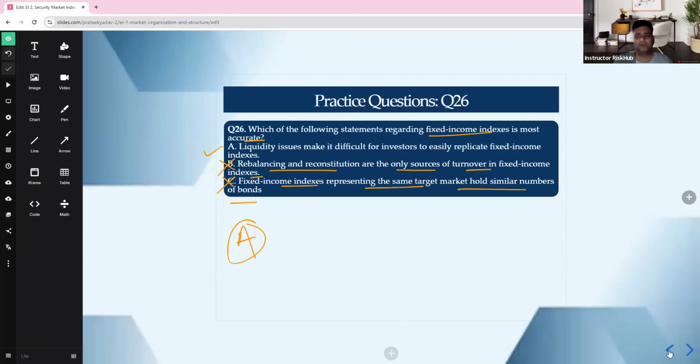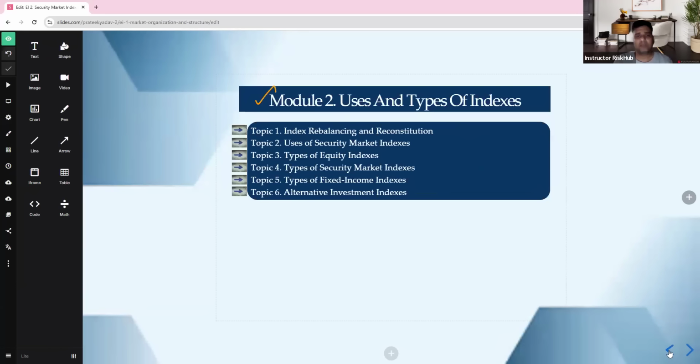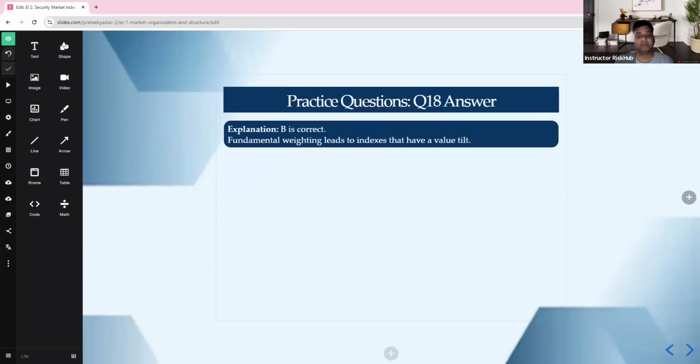Otherwise, you can go back and see the chapter, a lengthy chapter, but the whole idea is that there is Module 2, which has rebalancing, reconstitution, security market indexes, uses and types of fixed income indexes, alternative investment indexes.